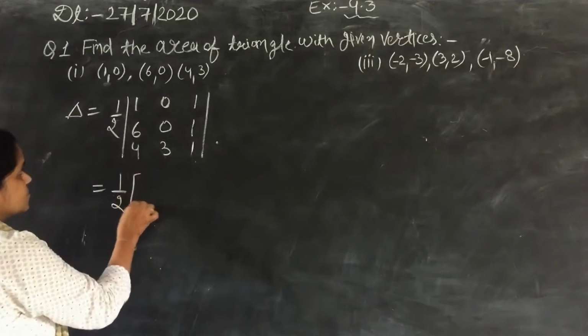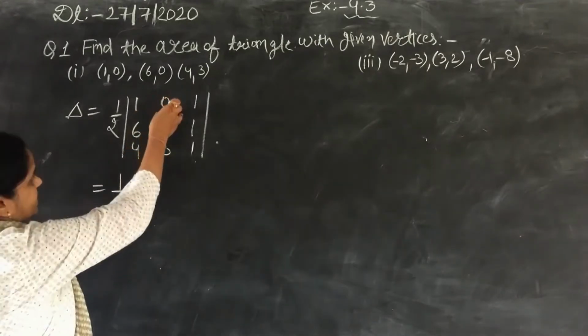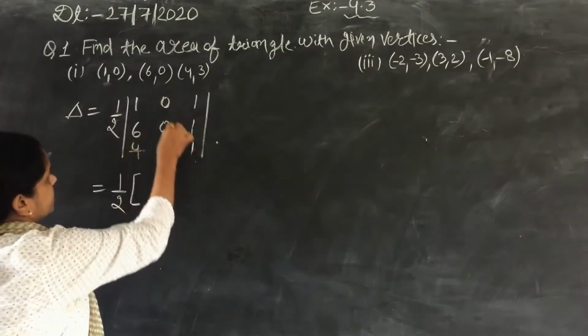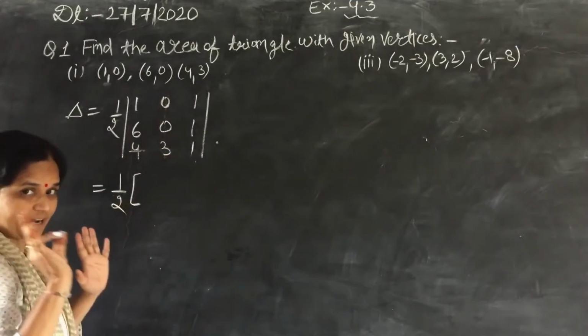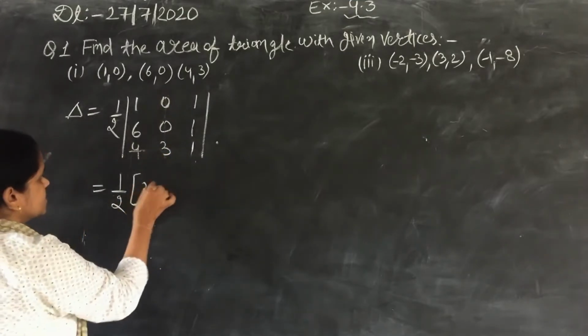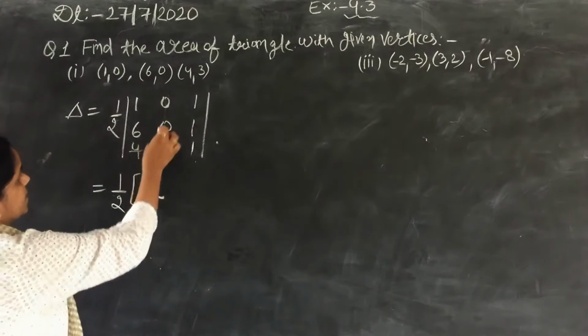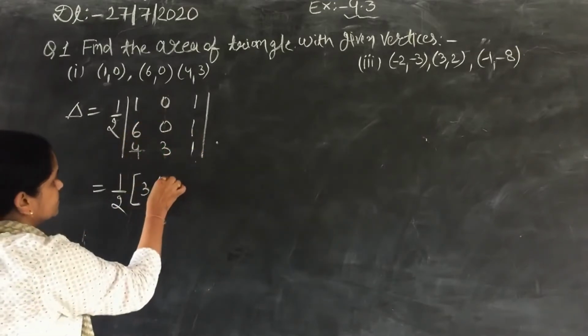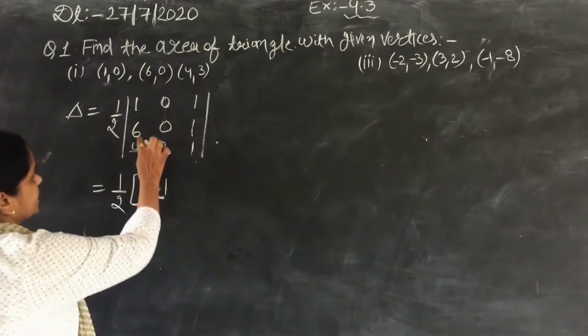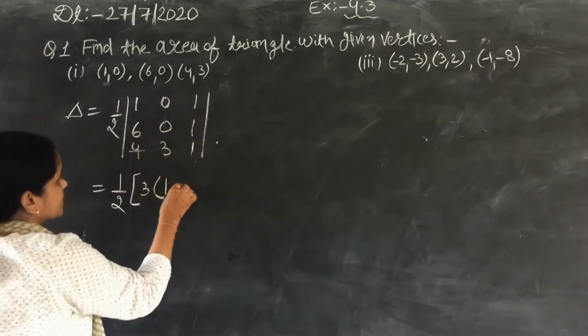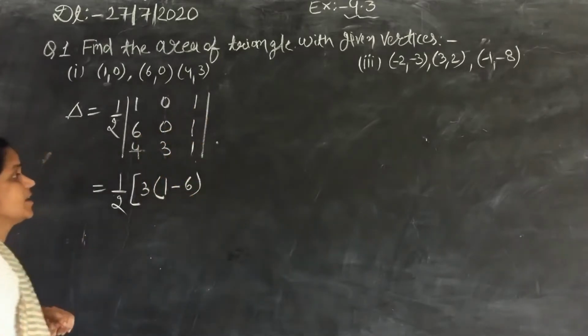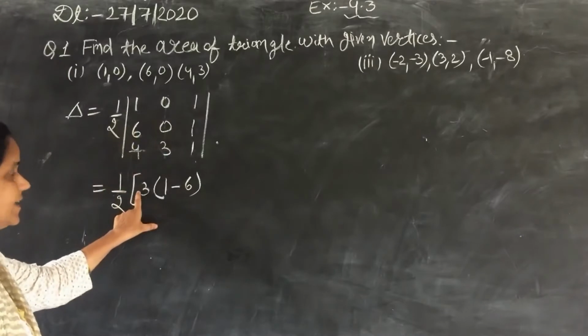Okay students, so if we start through this, write 3. Okay, and now 1 1 multiply by 1 student and 6 into 1, it's minus 6. And now see what will be the sign here.